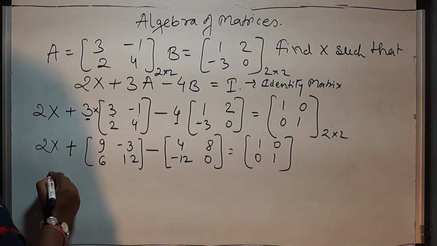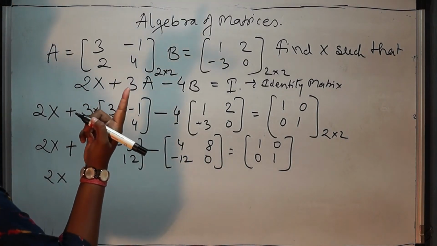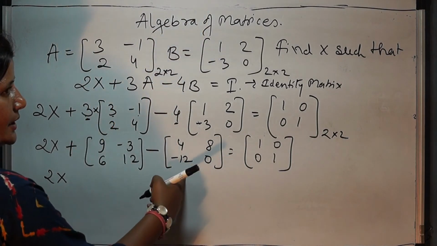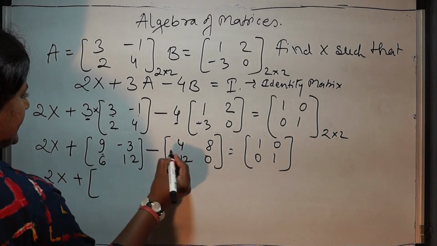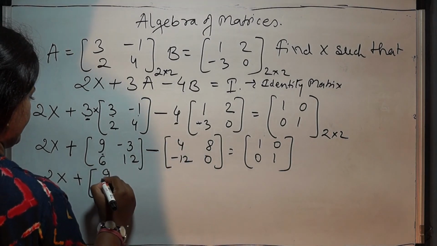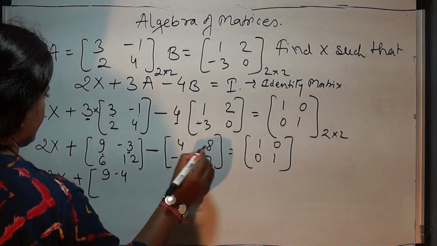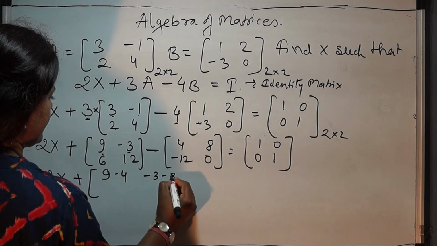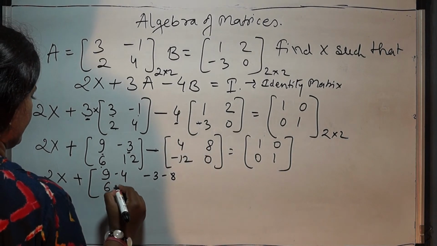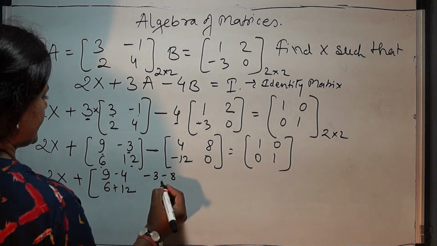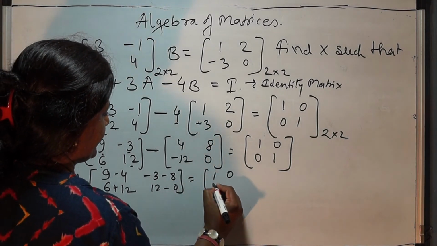Okay, keep this as it is. We can subtract also, like how we did addition, likewise we can do subtraction also. Same rule. 9 minus 4, minus 3 minus 8, minus 3 minus 8, 6 minus 12, so 6 plus 12, 12 minus 0 is equal to identity matrix.